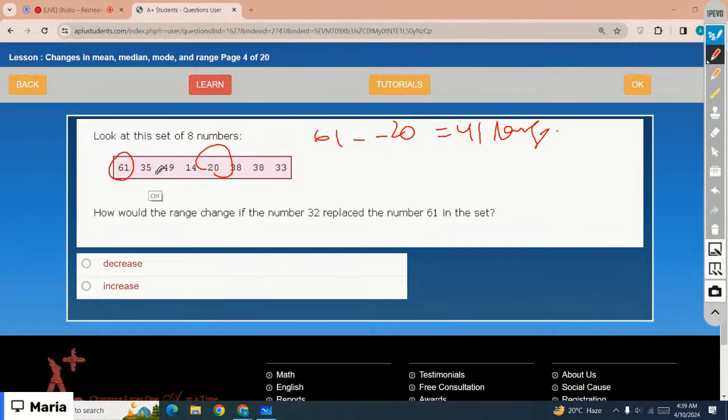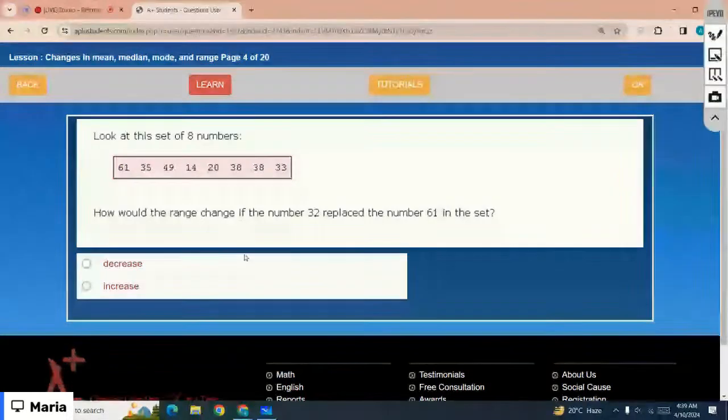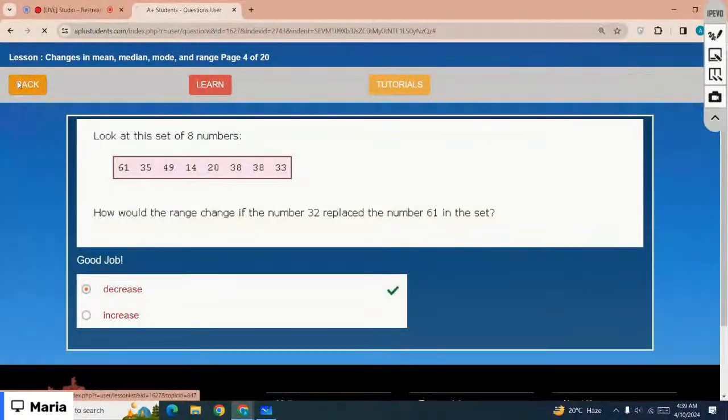Now the greatest number is 49 and the least one is 14. Okay, you can complete the lesson by yourself later today.